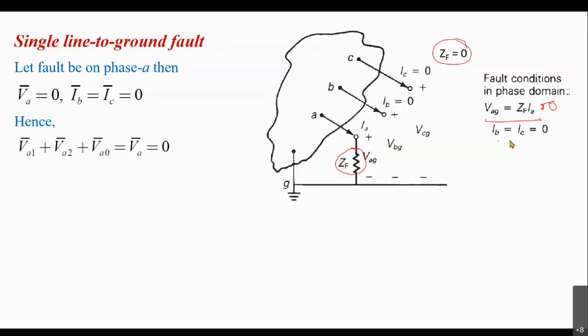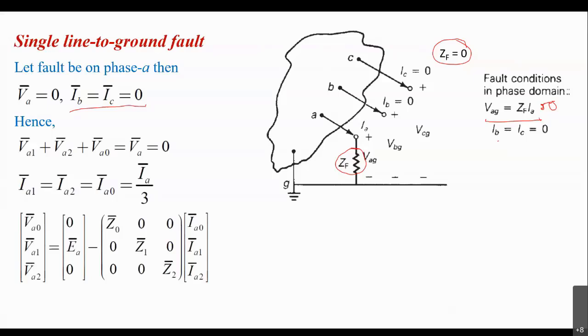So hence we can write the equation. VA, I can write as VA1 plus VA2 plus VA0, which is equal to 0. And similarly, IA1 equal to IA2 equal to IA0 equal to IA by 3. How can you find this? Just by substituting the sequence components in this equation, you will find this equation. It's easy to find, we can do it easily.